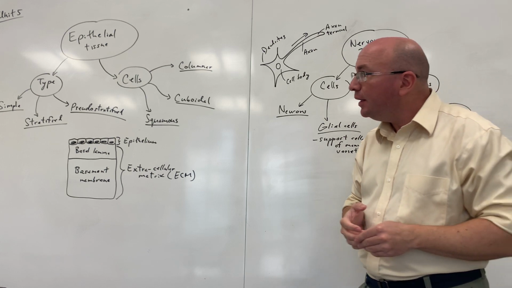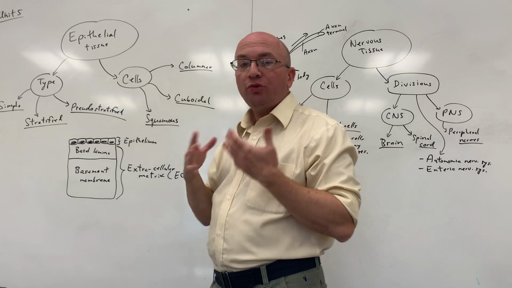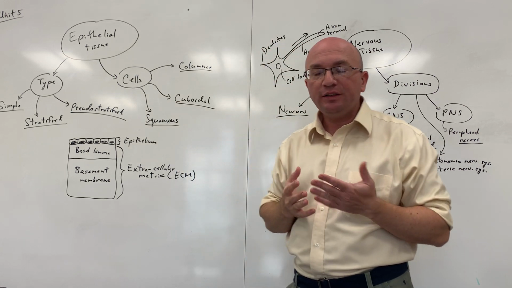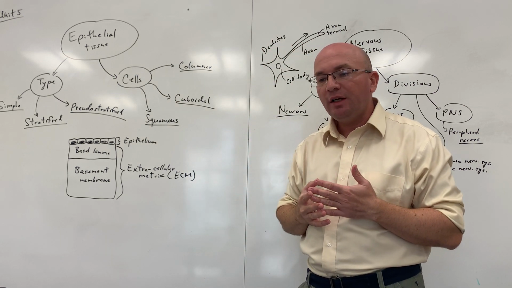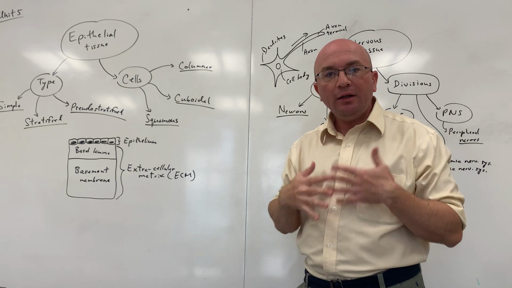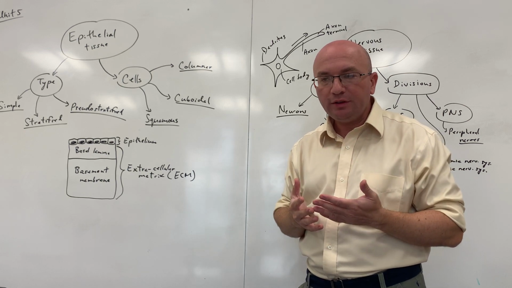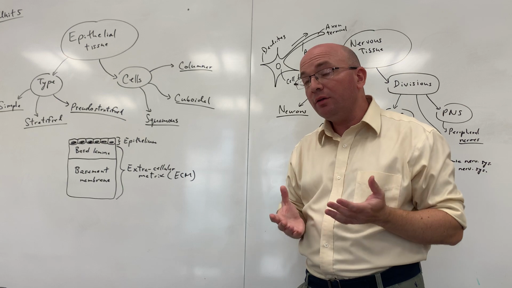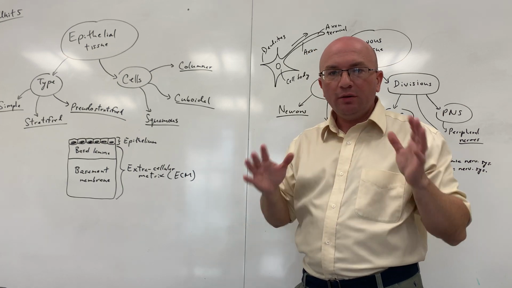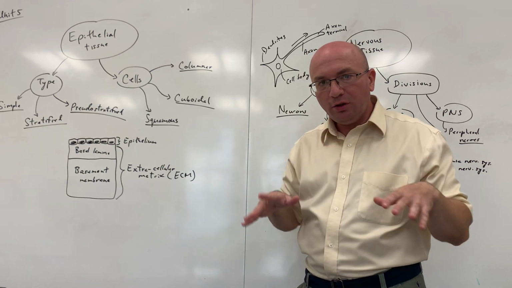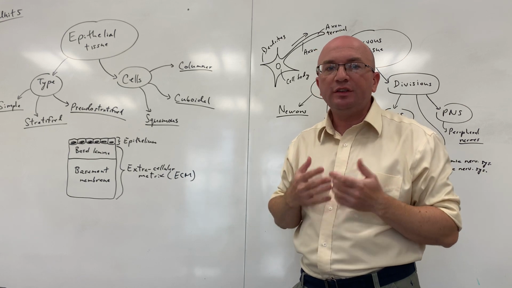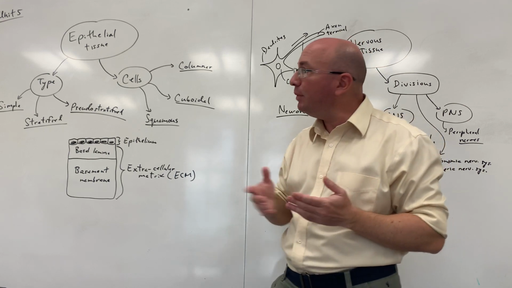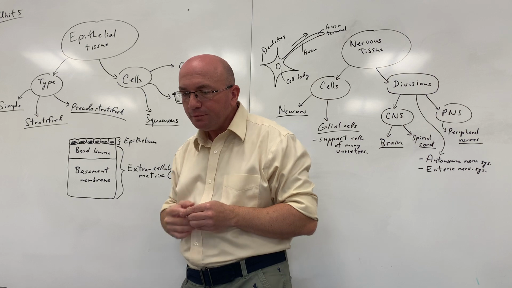Now, for the epithelial tissue, these are essentially cells of different shapes, different varieties. They are linings and coverings of organs. So imagine any kind of organ. On top of that organ, inside, internal linings, on the outside, external surfaces, they will most likely have some kind of epithelial tissue there.